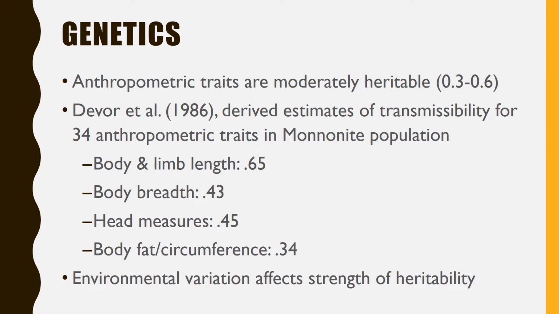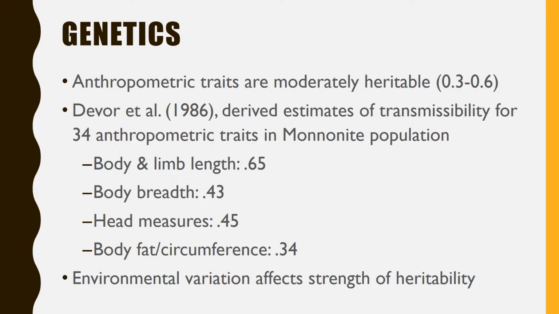As I've previously mentioned, variation in these anthropometric traits is due to genetic inheritance. It's also due to environment and development. So what I want to do is talk about these in reference to what we know about variation within populations. We will start with genetic variation and then go into a discussion on human growth.